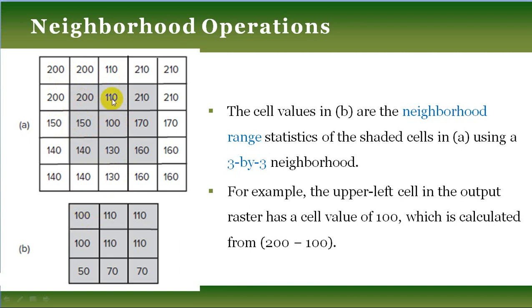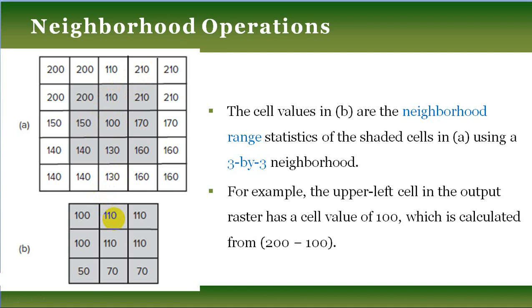If you consider the focal cell 110 and its surrounding pixels, this is the highest value, 210. So 210 minus 110 is 100. This is called range statistics.